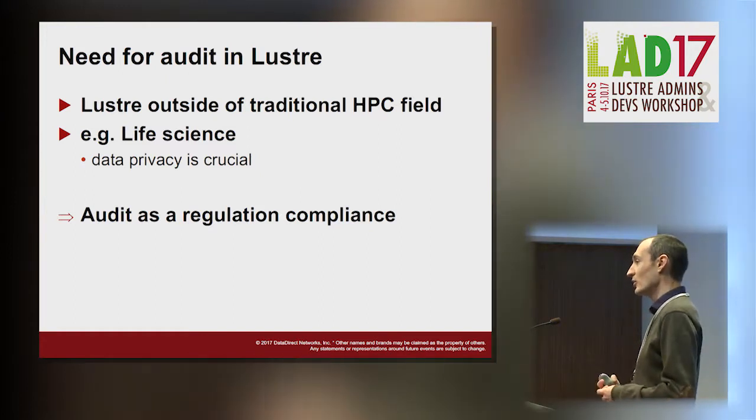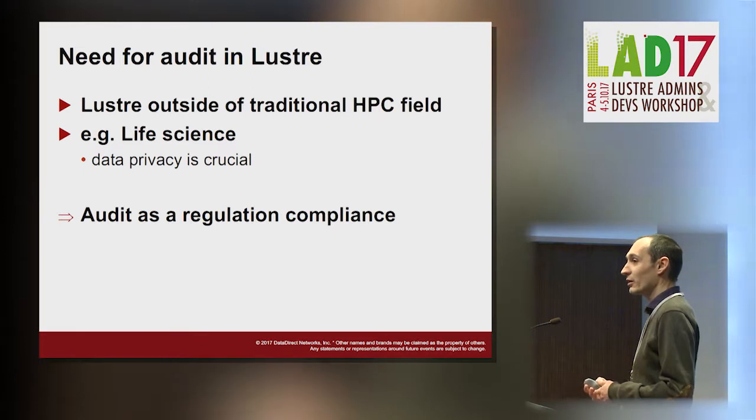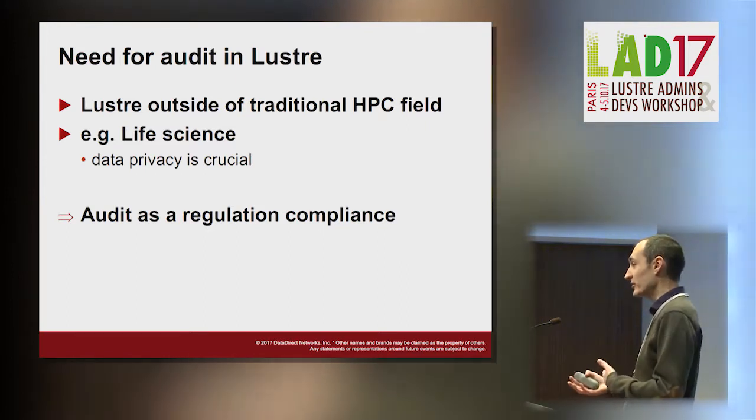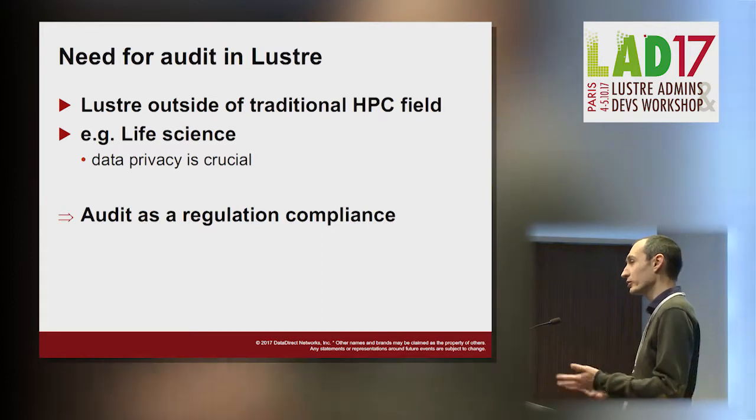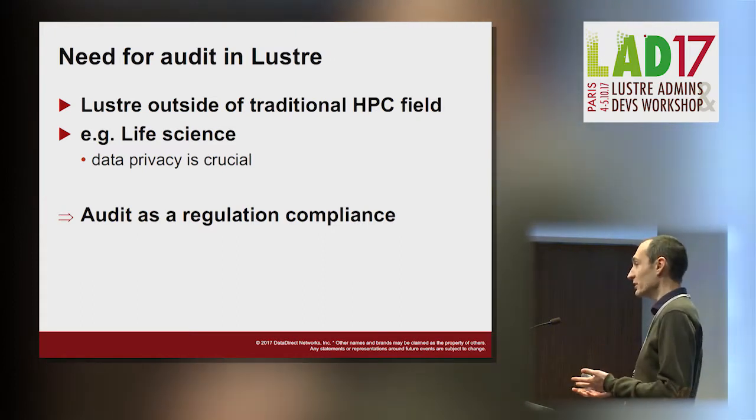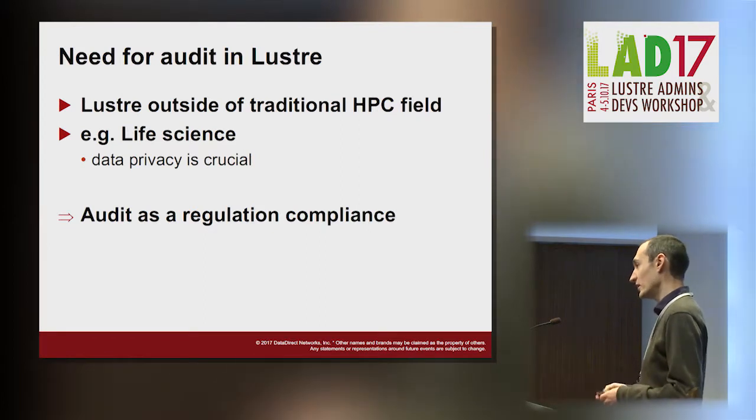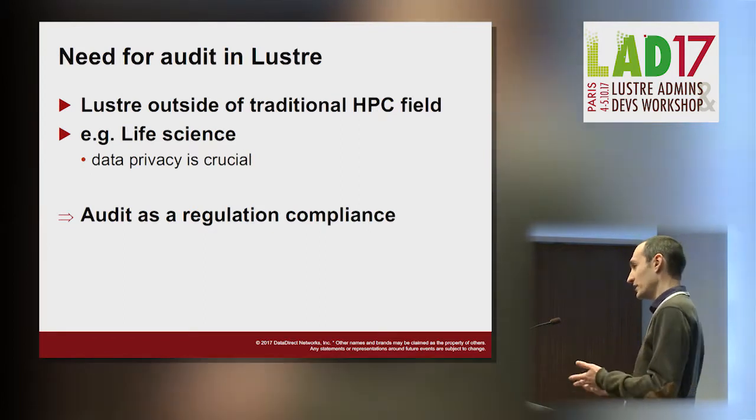Let's consider that you have a system with a Lustre file system. Users are doctors or researchers. You may want to know which doctors have been able to get access to a given medical record, or conversely, which medical records a given doctor has been able to get access to. So in this case, audit is useful and even mandatory.